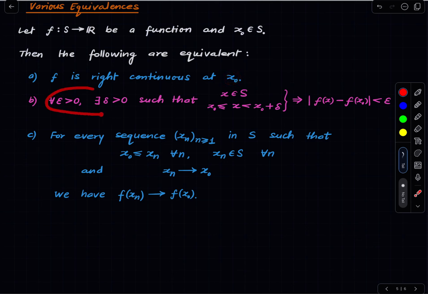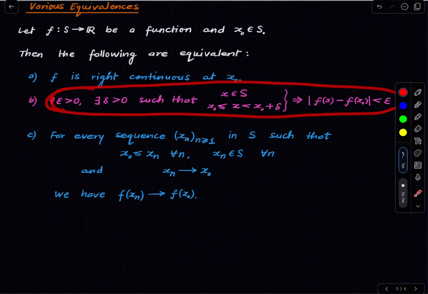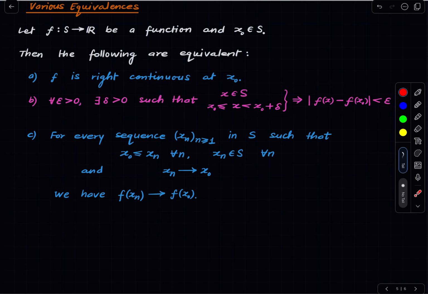The second is the epsilon-delta criterion corresponding to that statement. In the original epsilon-delta criterion, we would see x0 minus delta less than or equal to x less than or equal to x0 plus delta, but that has been replaced by something which takes care only of the right side of x0.